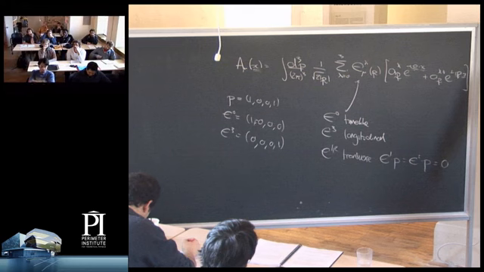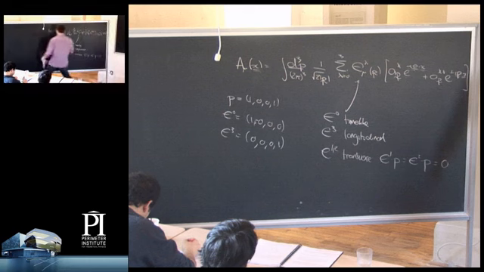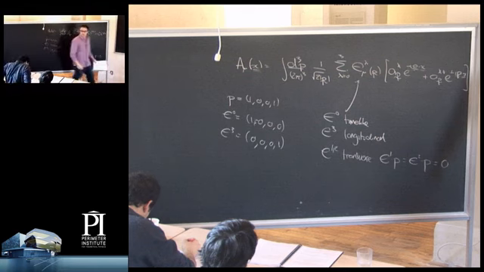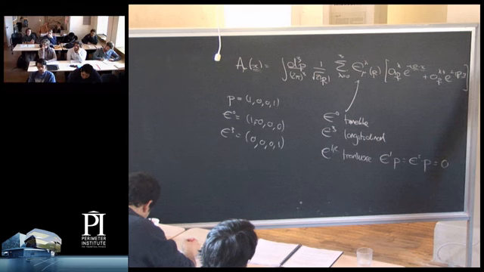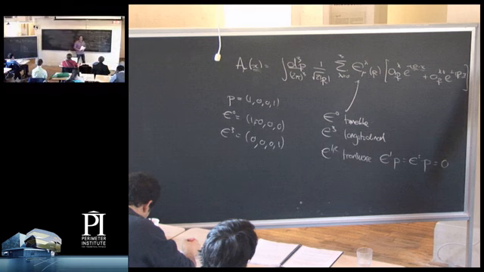So, for example, we had this example before: if P is (1, 0, 0, 1), then epsilon 0 is (1, 0, 0, 0), and epsilon 3 is this. So there are just factors of 1. And epsilon 1 and epsilon 2 don't give any contribution because of this. Other questions?